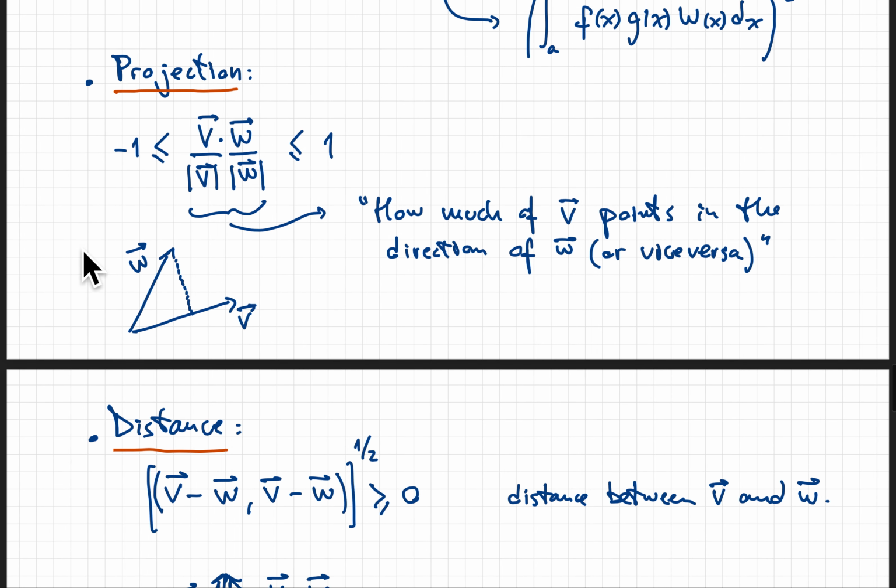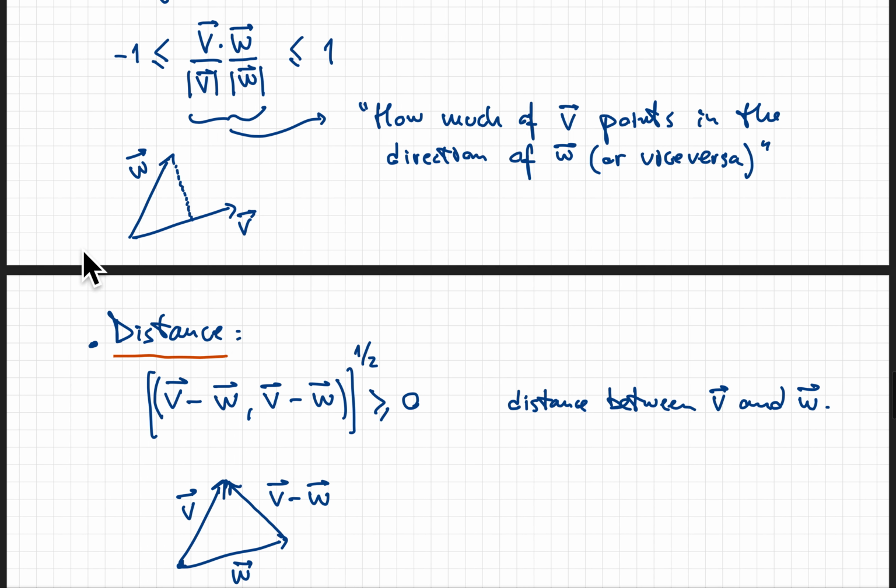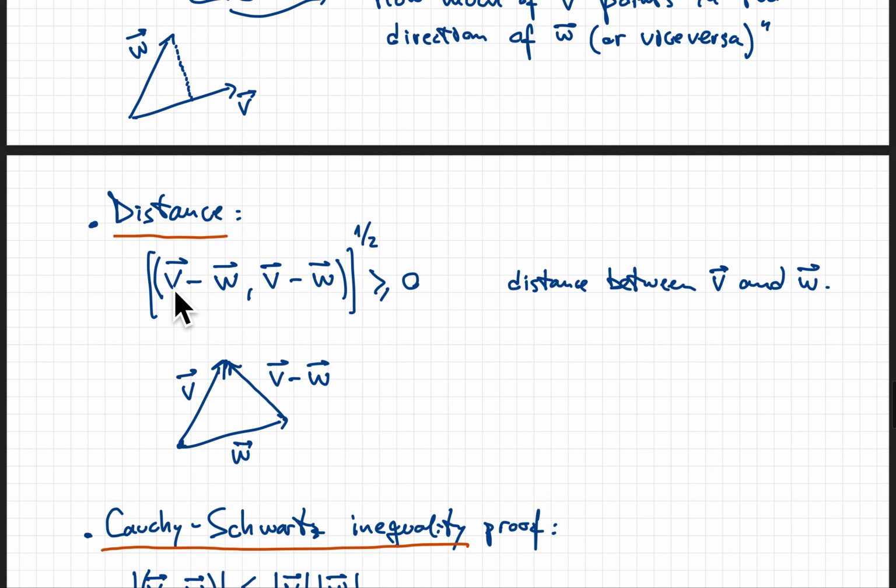And here's the notion of distance that I was referring to before. If you calculate the inner product of v minus w with v minus w, it's a vector with itself, and so it's positive, and so I can take the square root, assuming this is the positive square root, of course, and that gives me a number that's greater or equal to 0, and it determines the distance between v and w.